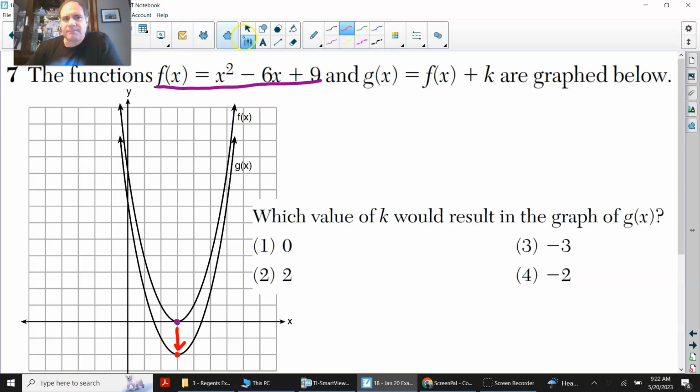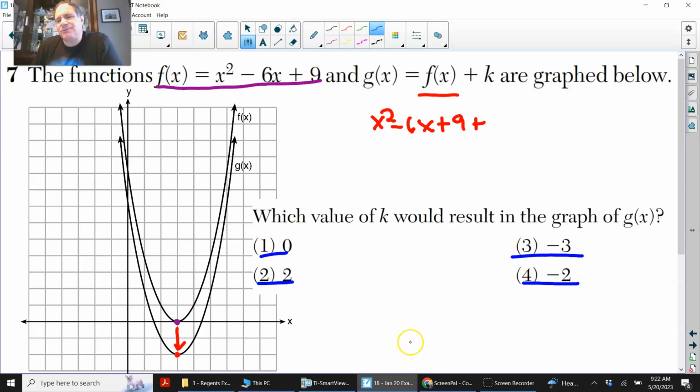When you set this up in the calculator, it's x squared minus 6x plus 9, and then you can substitute in whatever k value from the choices. So which one would move it down 2? All right, I'm thinking this one.